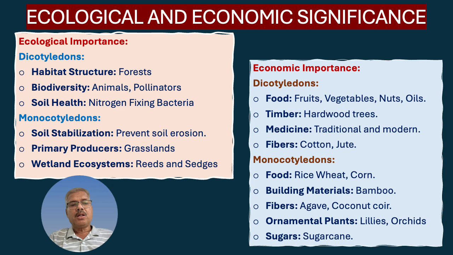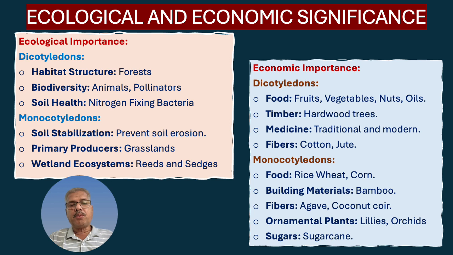In contrast, the monocotyledons, particularly grasses, excel in soil stabilization through their fibrous root system, which effectively prevents erosion and maintains the integrity of the grasslands. They serve as essential primary producers, forming the foundation of many food webs, and monocots like reeds and sedges are critical components of wetland ecosystems.